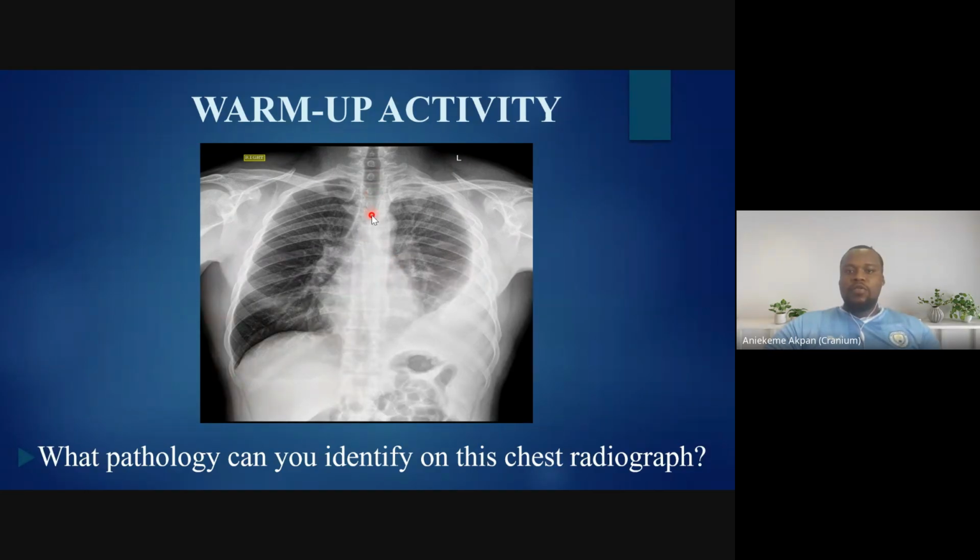Even though we know that some part of the heart tends to deviate the trachea a little bit towards the right, you can see that it's a little bit more deviated than usual. And we have that for our airways already.